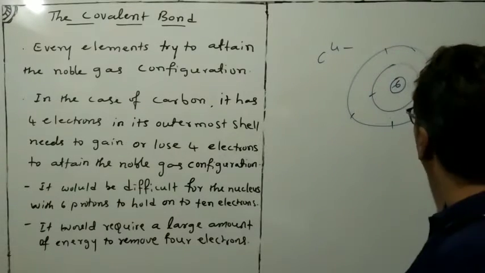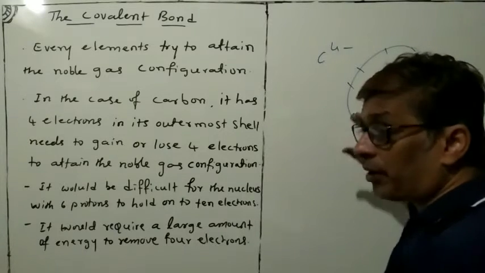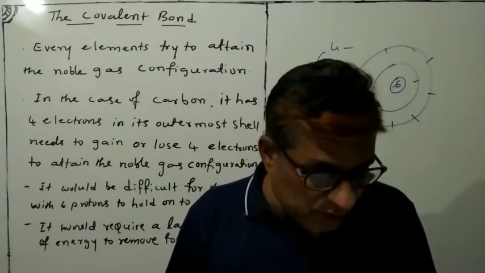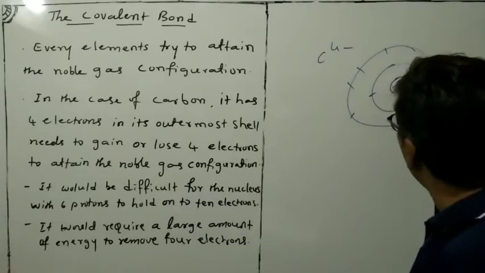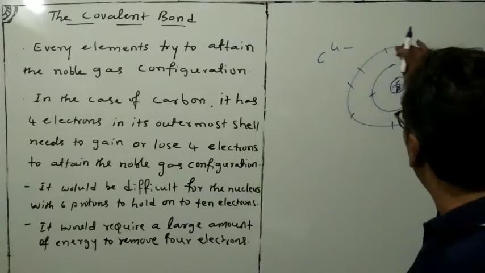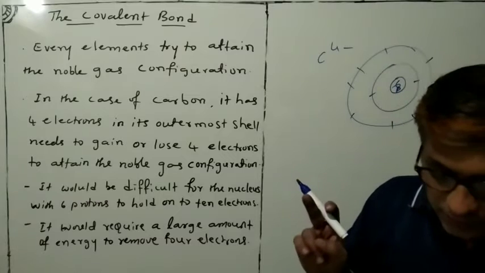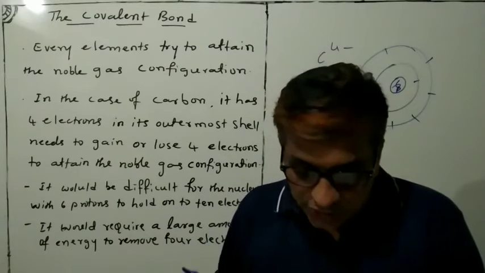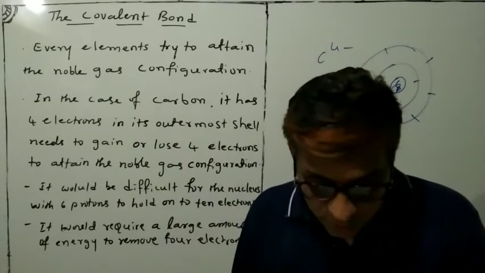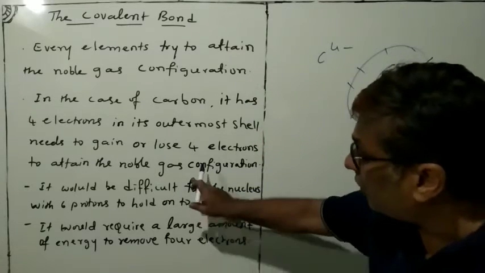If it gets 4 more electrons, the total becomes 10 electrons. But it would be difficult for the nucleus with 6 protons to hold 10 electrons. So 4 extra electrons is not possible, and that is why it could not gain the 4 electrons. So this is one condition.